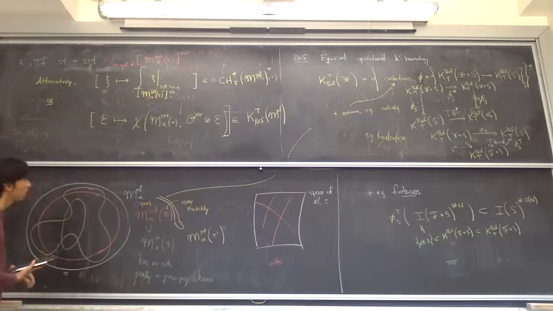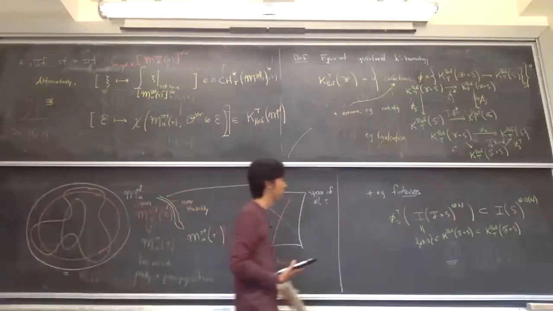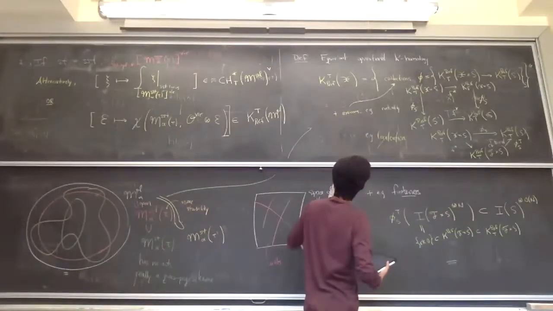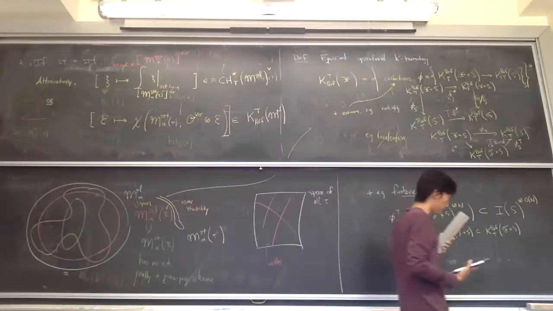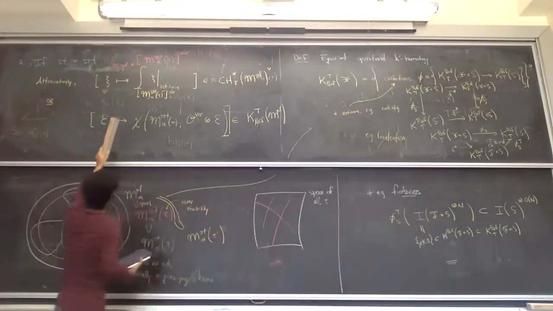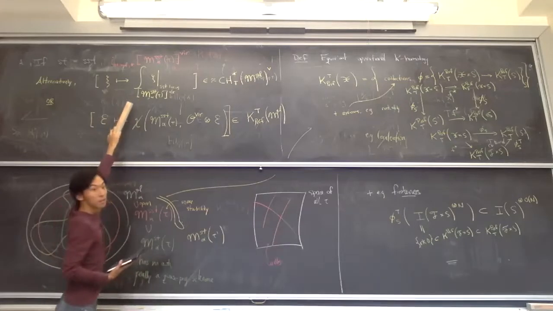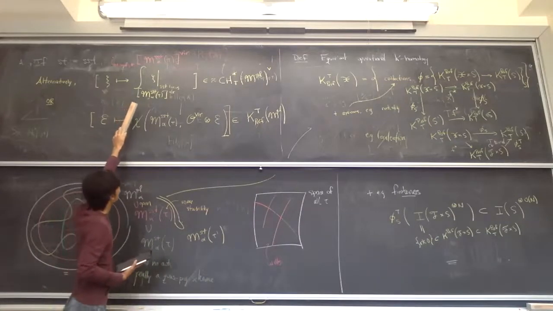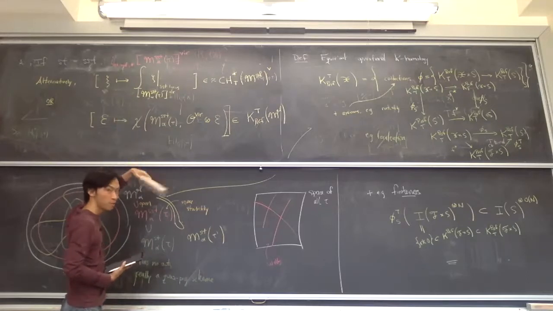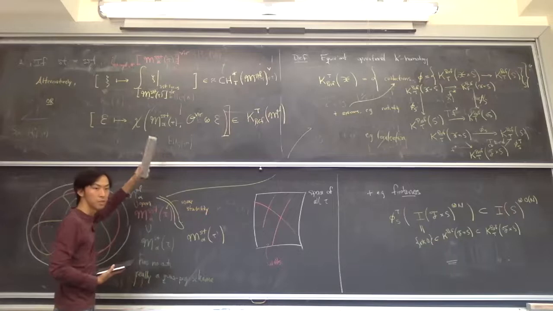Okay. So the original X, right? So let's see if I still have it on here. So we do want these virtual classes, and it's hard to construct these virtual classes when you're thinking about coherent sheaves on something of really high dimension.